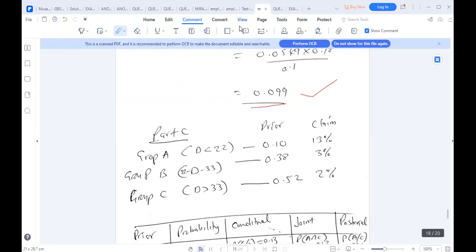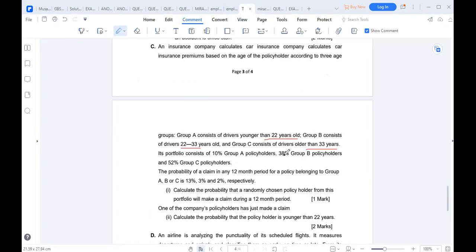So what else are we told? We are told that Group A are policy holders of the drivers, they have a policy. And Group B, 10% have Group A, 38% are Group B, they are policy holders, and 52% of Group C are policy holders.